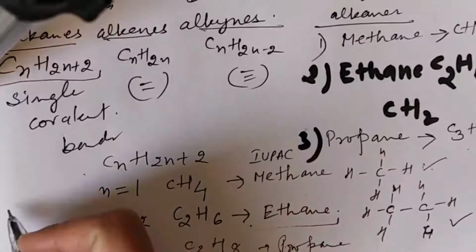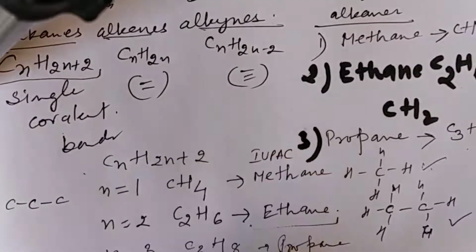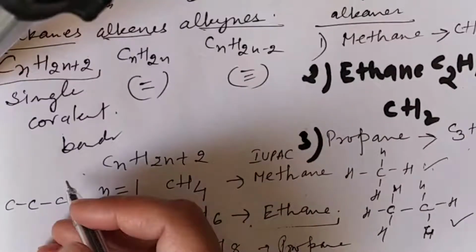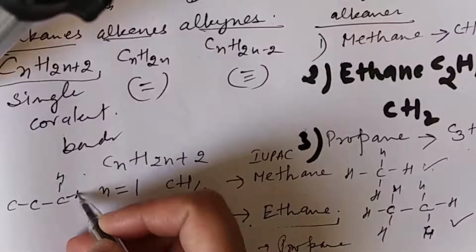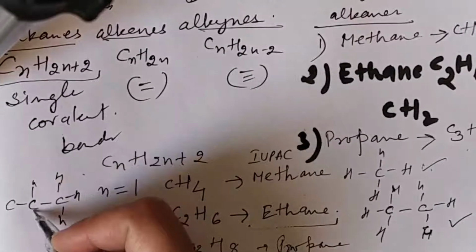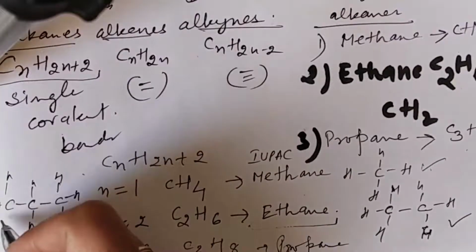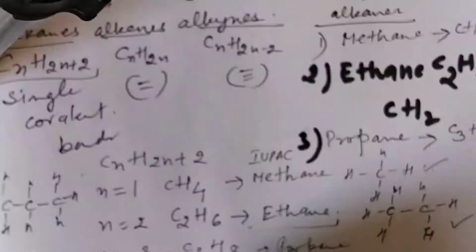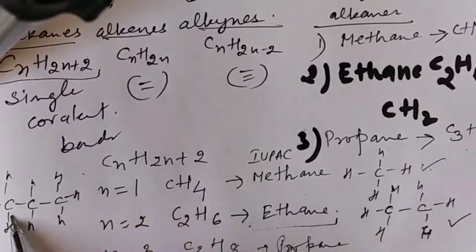Draw the chain of 3 carbon atoms there and complete all the valencies with the hydrogen atom. Cross check your answer with the molecular formula. Count the number of carbon atoms and hydrogen atoms. If they are matching with the molecular formula of the compound you have written, so the structure is correct.